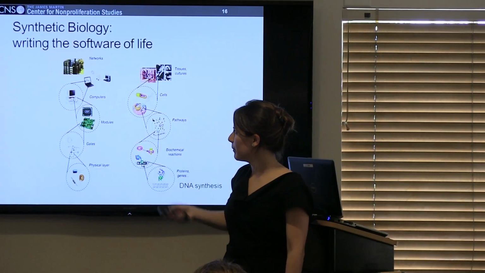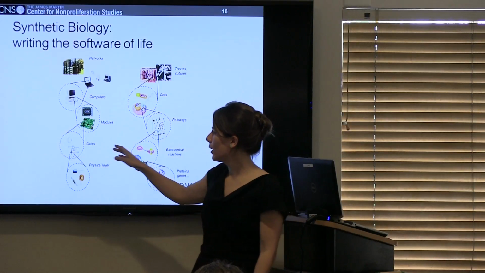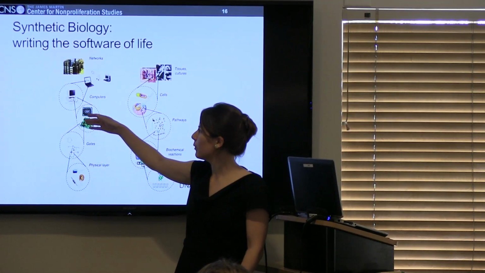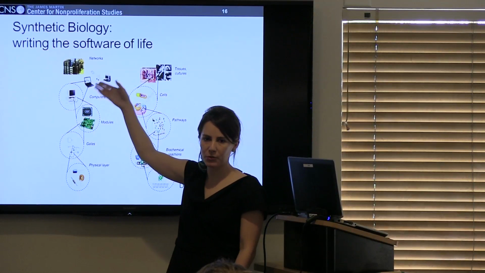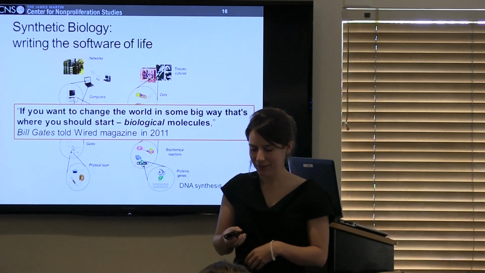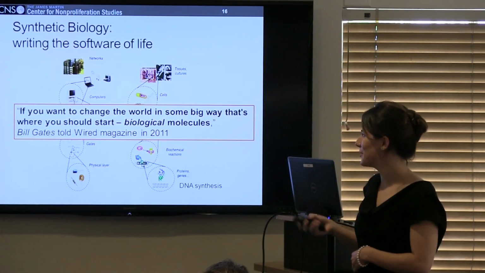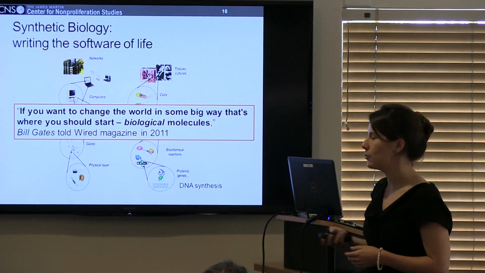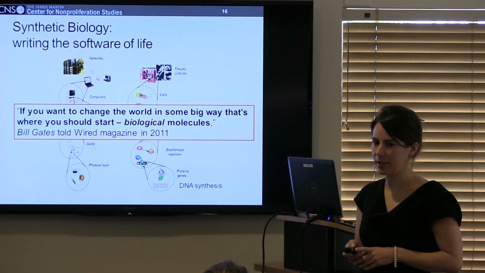An analogy is often made with computer science, where the early research focused on developing logic gates, and then we have more and more integrated systems. Now we have computers and networks. And I like the analogy because even someone like Bill Gates says that if you want to change the world, you should look at biological molecules.